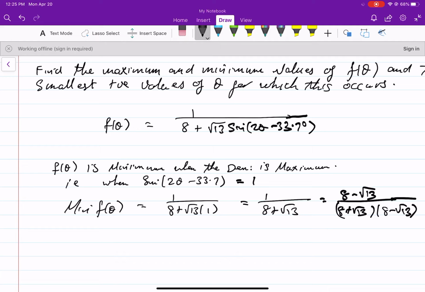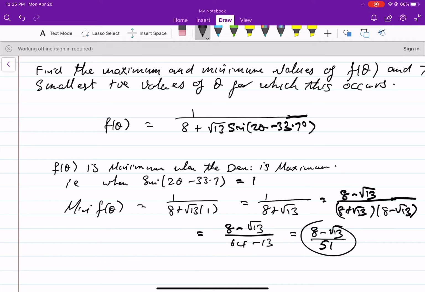All right, working that: this is 8 minus root 13 all upon 64 minus 13, which is 51. So this is 8 minus root 13 over 51.